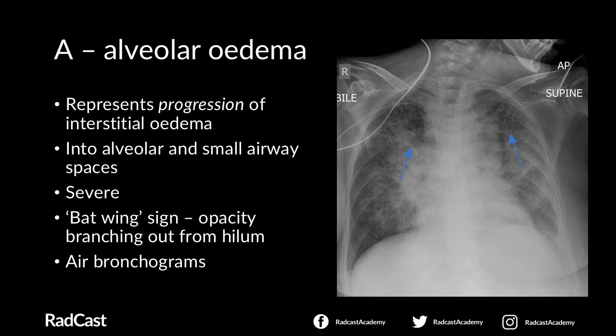Now, let's say the edema has progressed even further and we're further decompensating. Our fluid has now filled these septal and interstitial spaces between the blood vessel and the alveoli that surround the blood vessels for gas exchange, but the fluid is now starting to leak itself into the alveolar spaces.